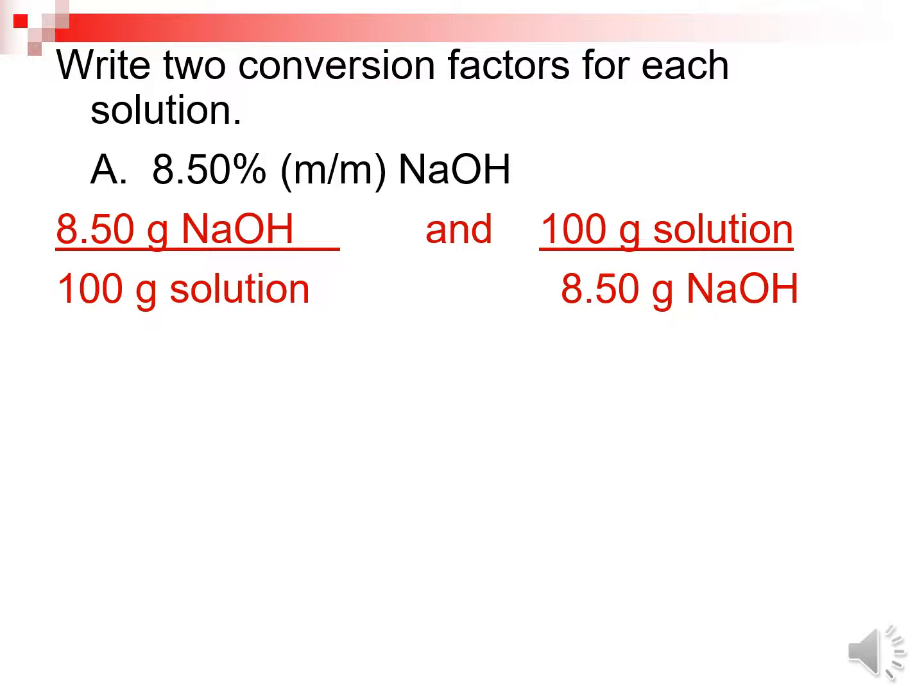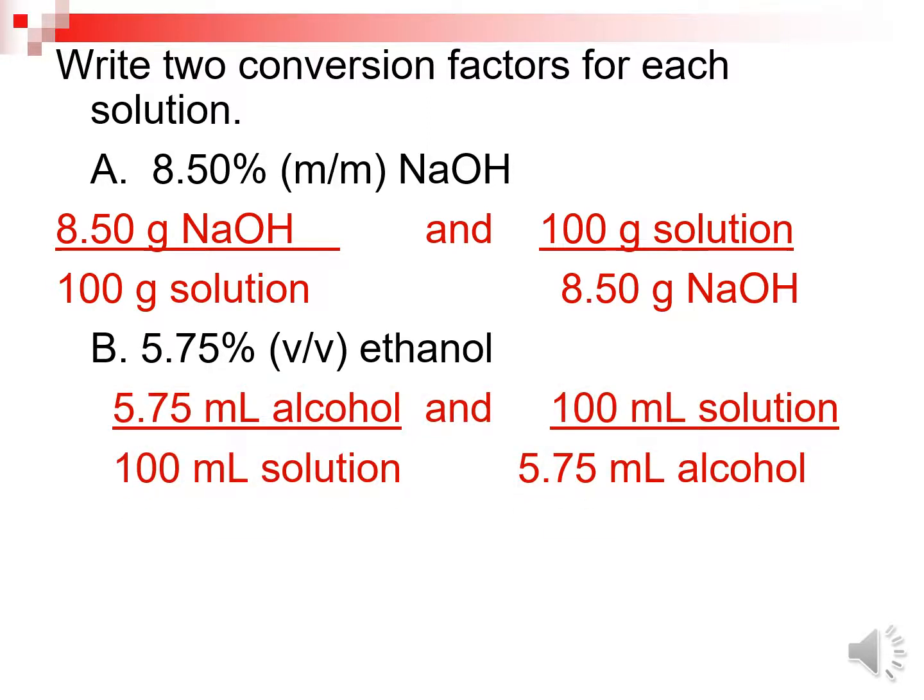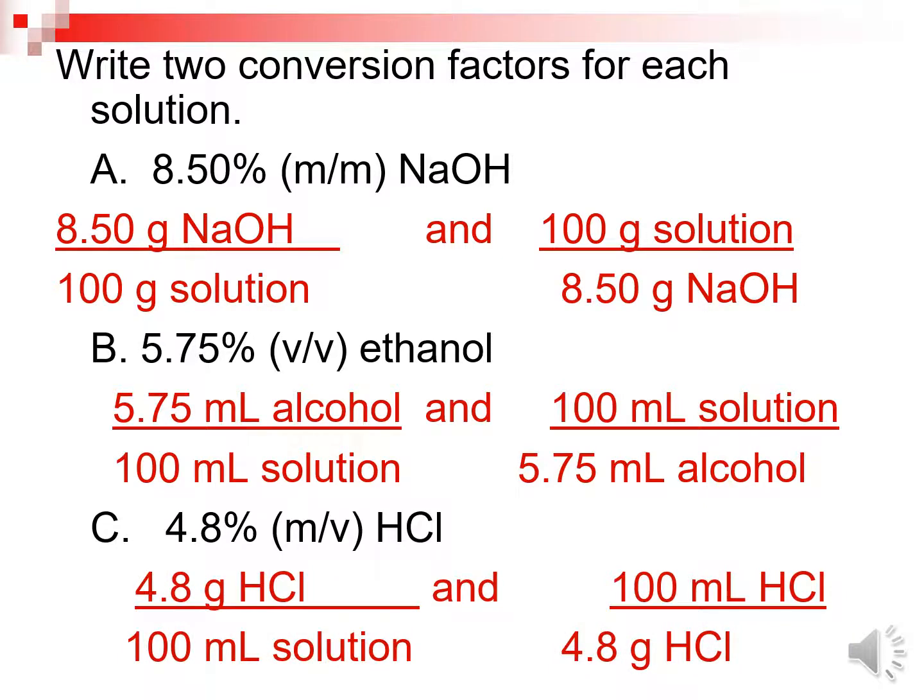That's 8.5 grams of NaOH over 100 grams of solution, or 100 grams of solution over 8.5 grams of NaOH. 5.75% volume over volume ethanol solution is 5.75 milliliters of alcohol over 100 milliliters of solution, or 100 milliliters solution over 5.75 milliliters of alcohol. 4.8% mass over volume HCl solution means you have 4.8 grams of HCl over 100 milliliters of solution, and you also have 100 milliliters of HCl solution over 4.8 grams of HCl.